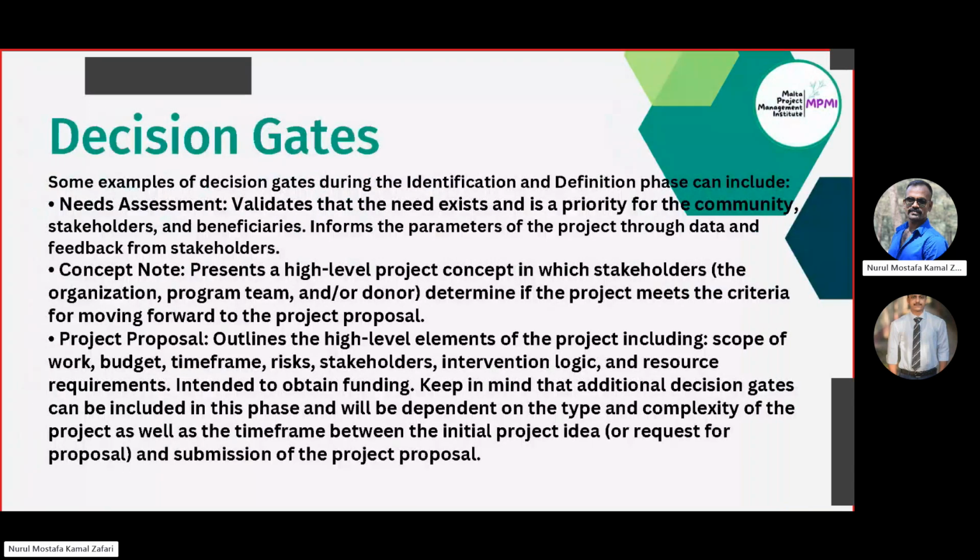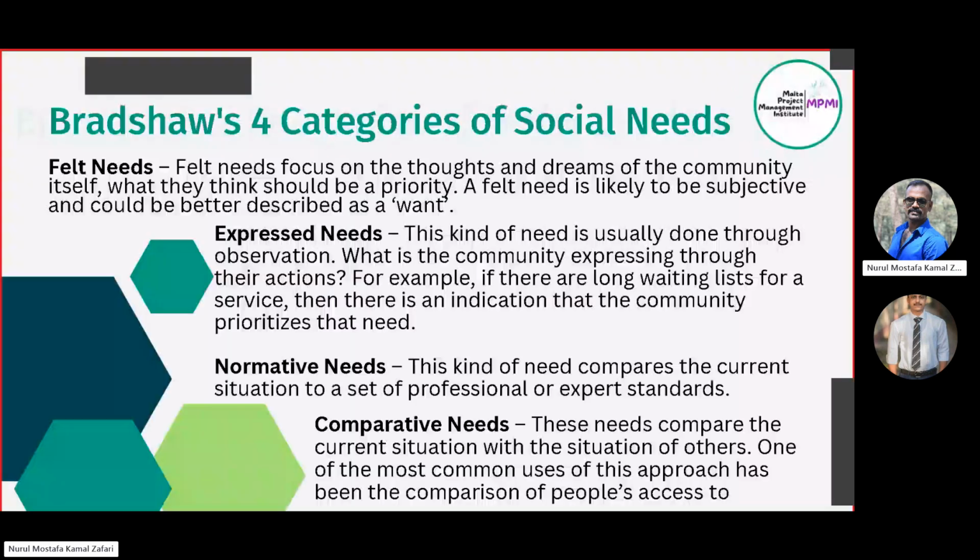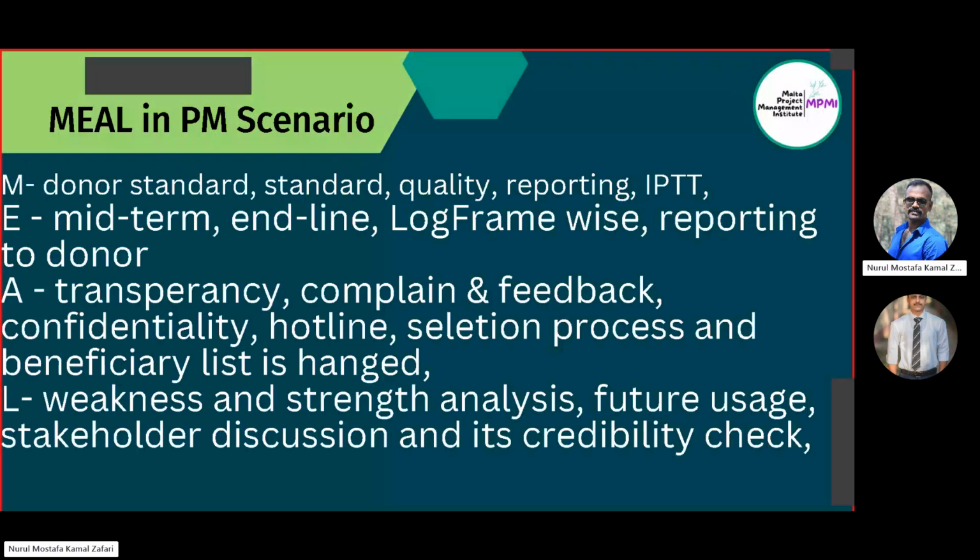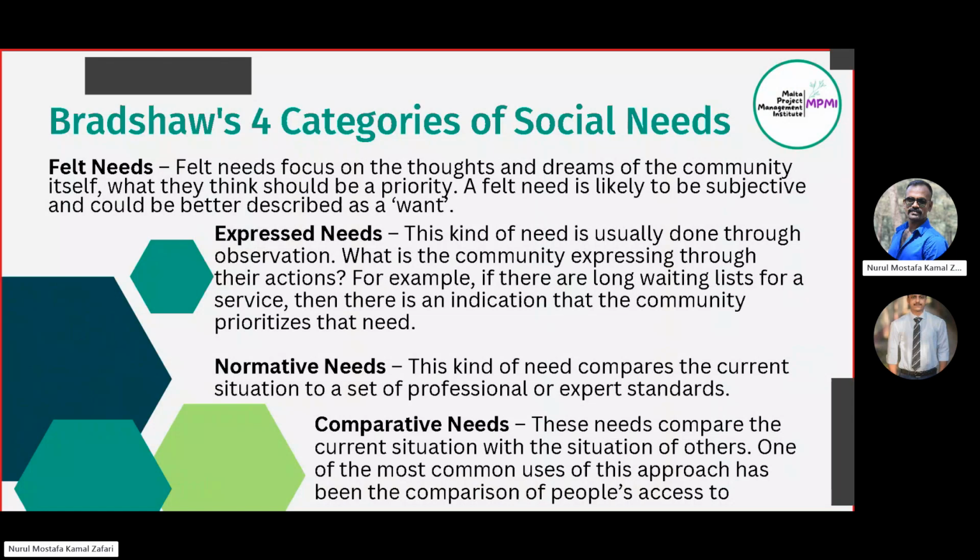Now decision gates, we have discussed about decision gates. We will be talking about the 4 categories of social needs of Bradshaw.